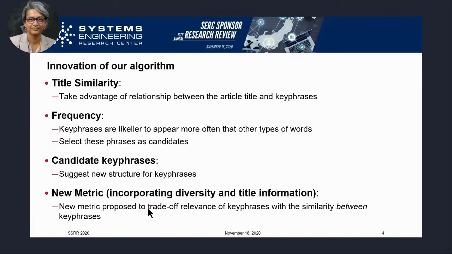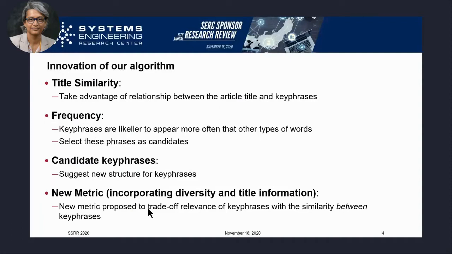Next slide, please. So the main innovative aspects of our algorithm is that we are using the title information. So we are basically looking for the similarity between the title and the key phrase, and the key phrases that are closer in relationship to the title will obviously be more relevant to the document. We use the frequency of key phrases as one of the indicators. So for example, important phrases will end up appearing more often in a document.